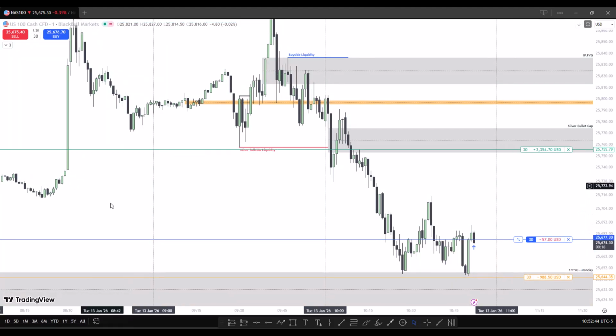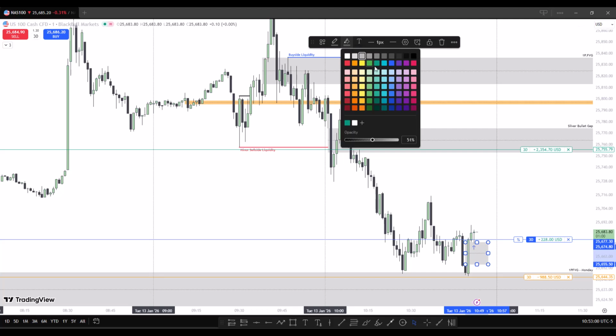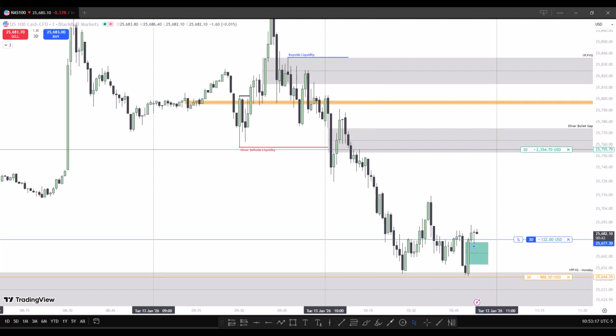It was dropping lower, but it was a rather sloppy delivery with very little to none displacements on the way, not a lot of gaps left there. Price was obviously not in a hurry, and it took its time up until 10:30 when it touched the first presented fair value gap of Monday.